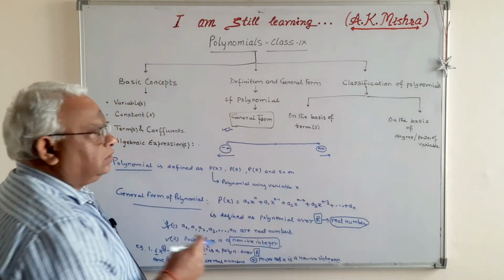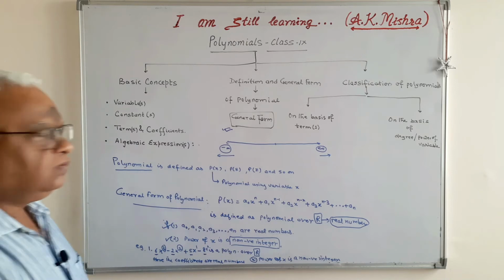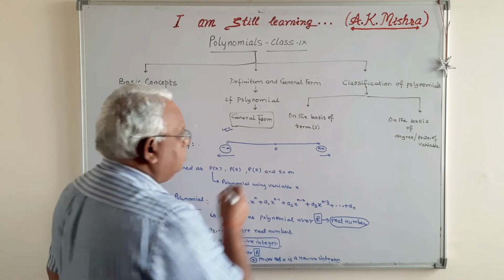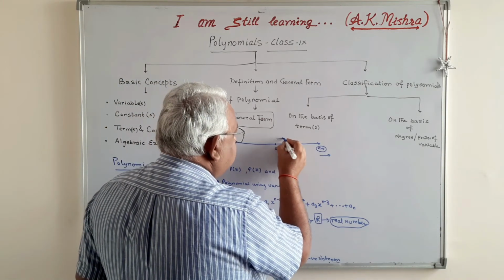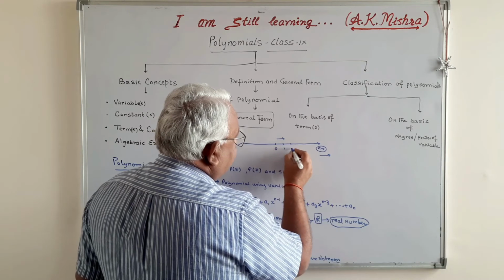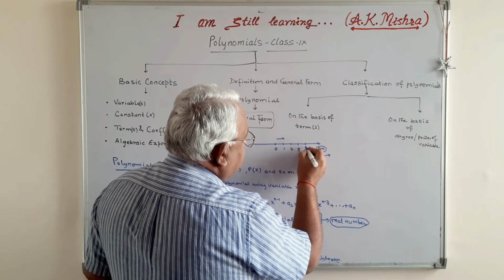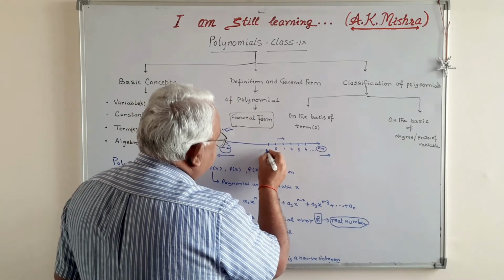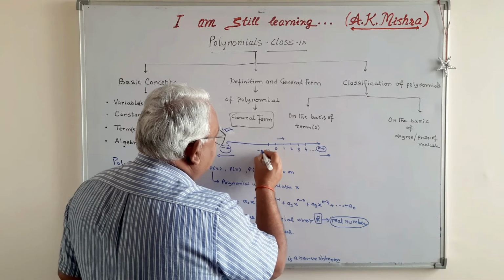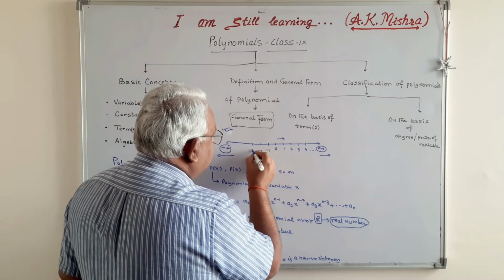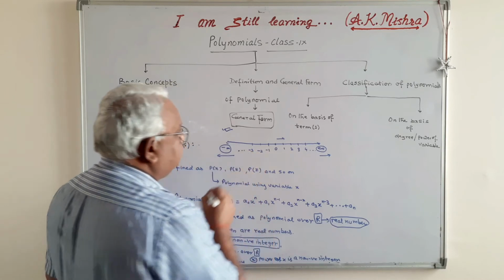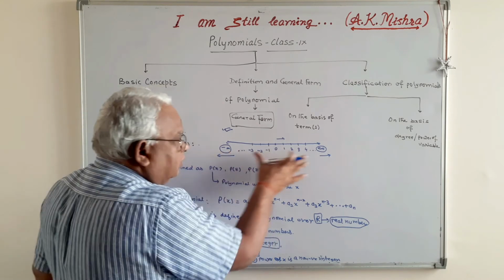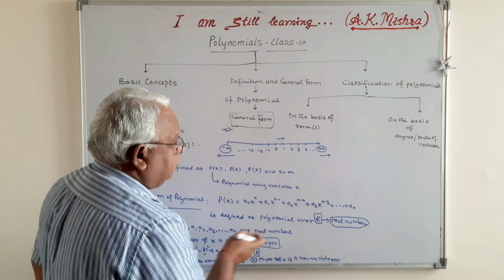At the center there is value 0. When you move towards the right side, you have positive numbers 1, 2, 3, 4, and so on. Similarly, on the negative side, you have minus 1, minus 2, minus 3, and so on.